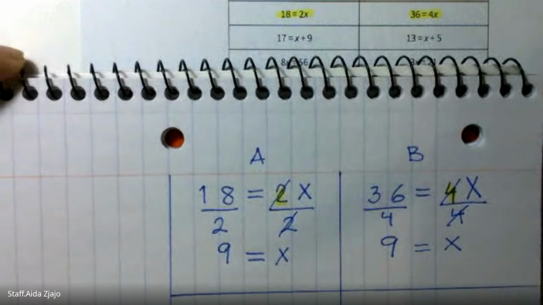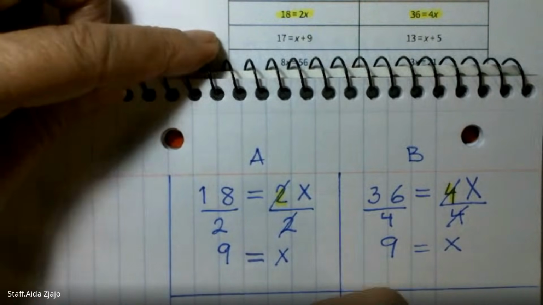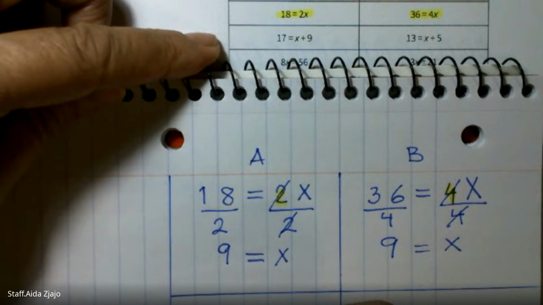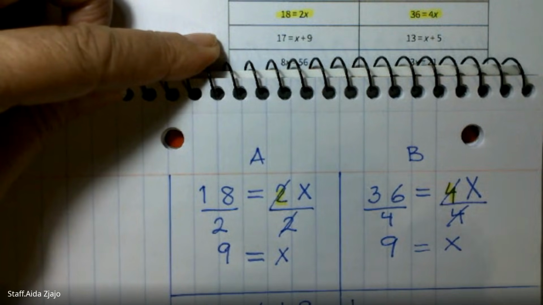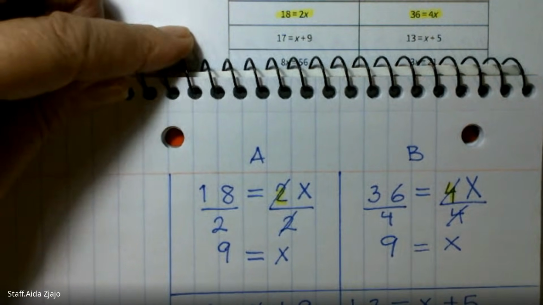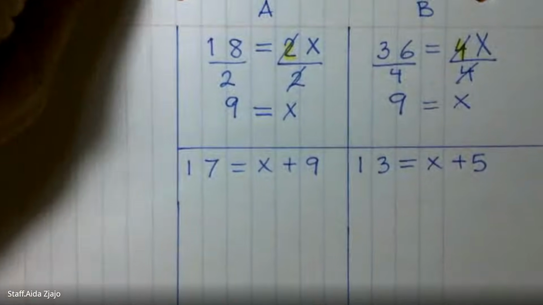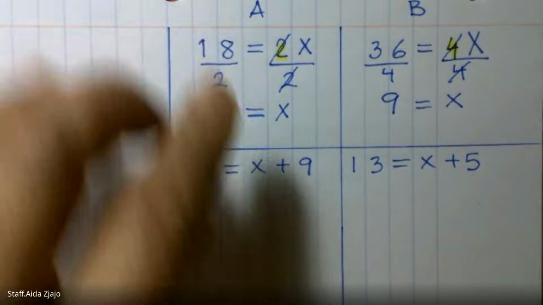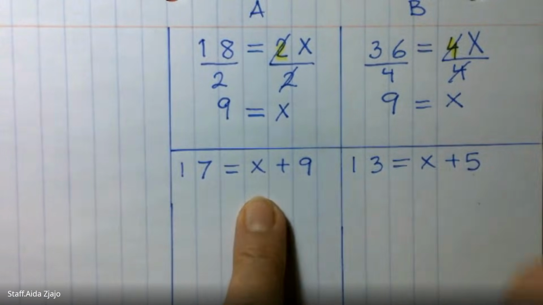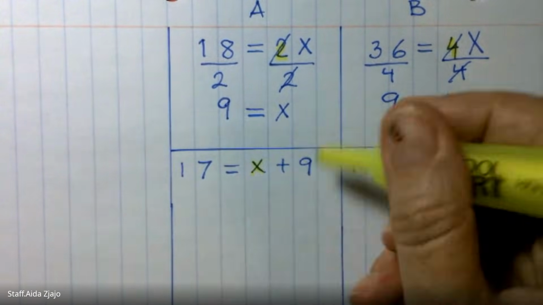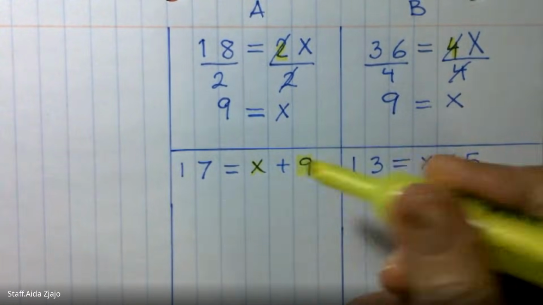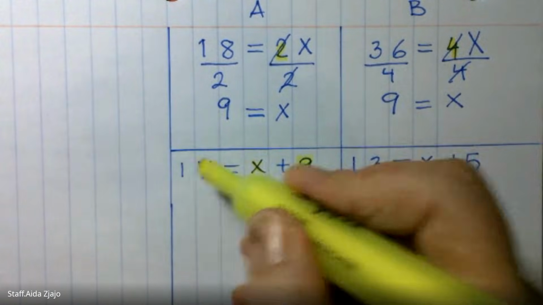Next problem is 17 is the same as x plus 9, and then 13 is the same as x plus 5. Here we have x and 9, so we know the value of 9 next to x must equal 17.